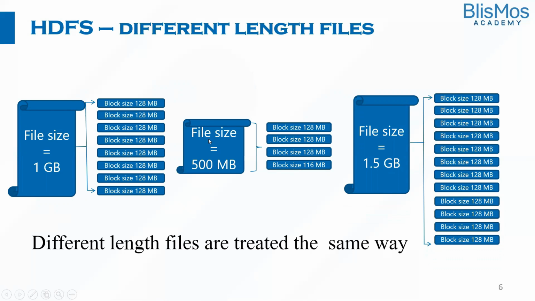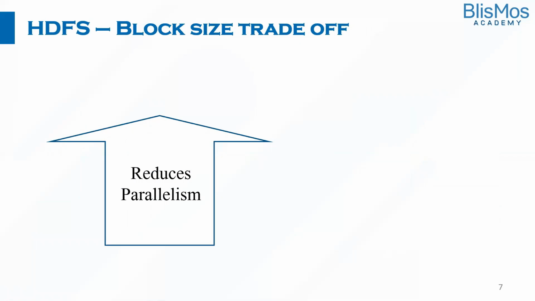Whether it is 1 GB, 500 MB or 1.5 GB, whatever file sizes you want to store in HDFS, all of them are broken down into smaller chunks of 128 MB each, immaterial of the size of the file. We understood the different ways to store data. For example, when you want to store a file, it is broken down into smaller pieces and stored in different data nodes.